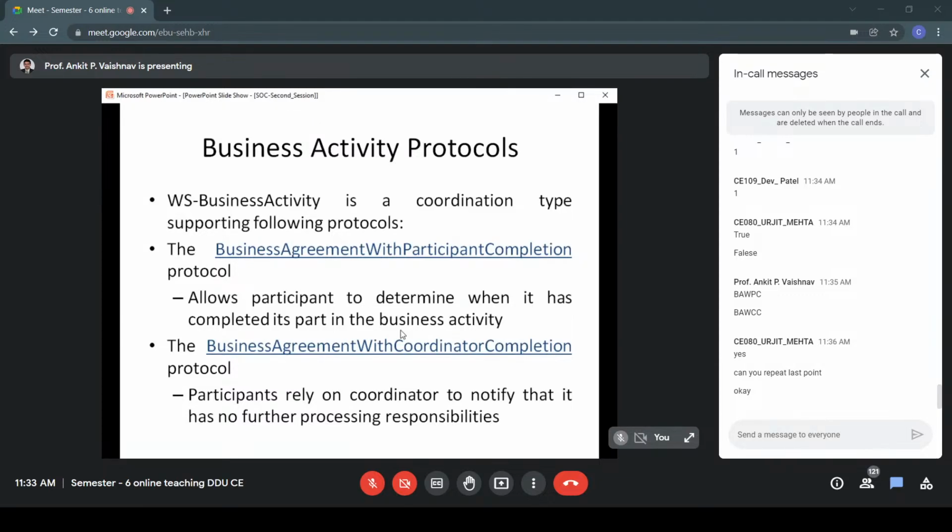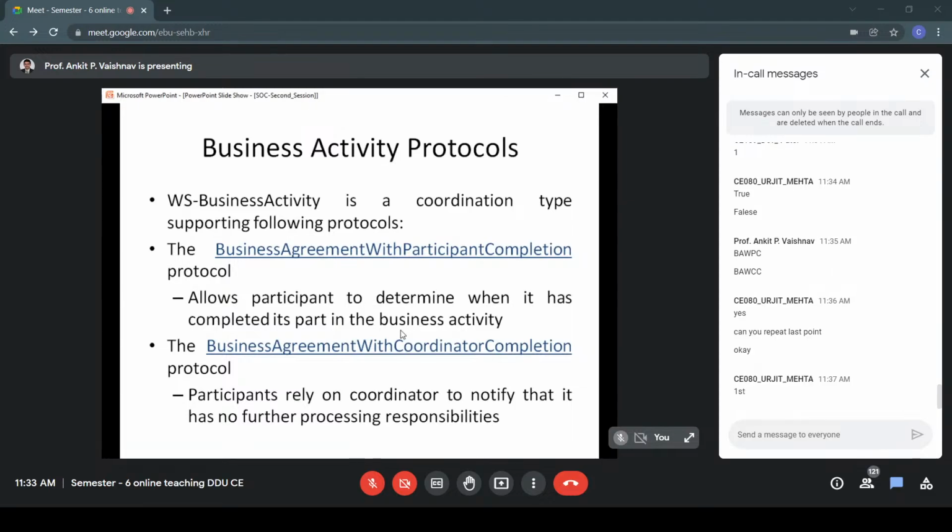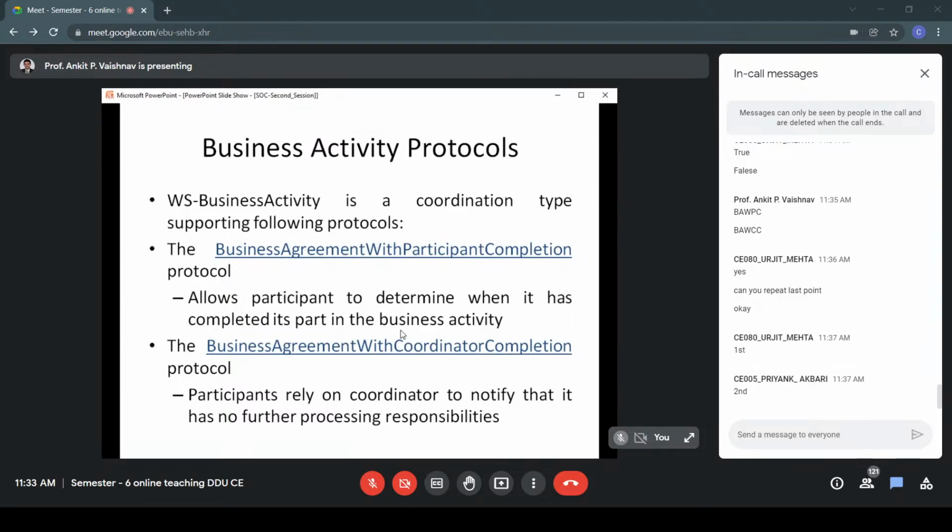First or second? If you have dependent business logic, that means you yourself cannot decide. In that case, you will go with the second, isn't it? And if all the participants are working in a more or less independent way, then you will go with the first one. Clear?